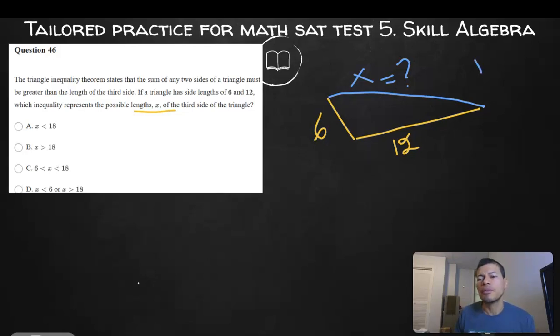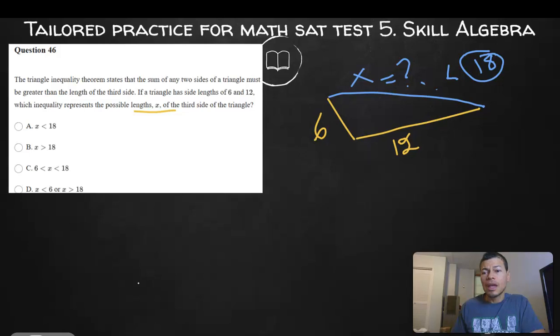So let's keep that number here. Because the theorem says that the sum of any two sides of a triangle must be greater than the length of the third side. So we know that our third side has to be less than 18 because the sum has to be greater. So that means that this side apparently has to be less than 18.